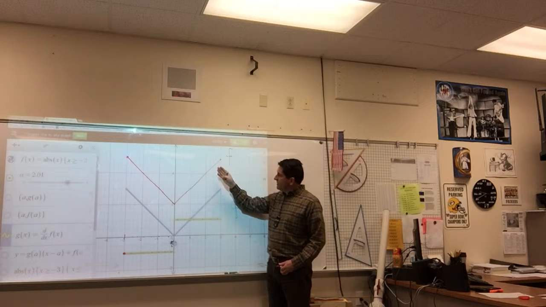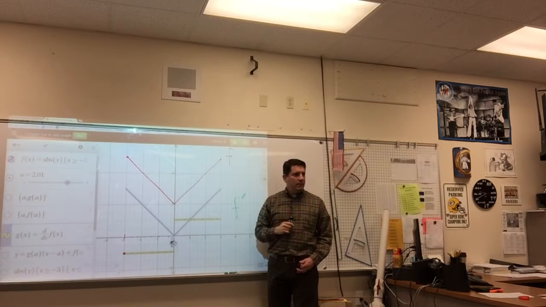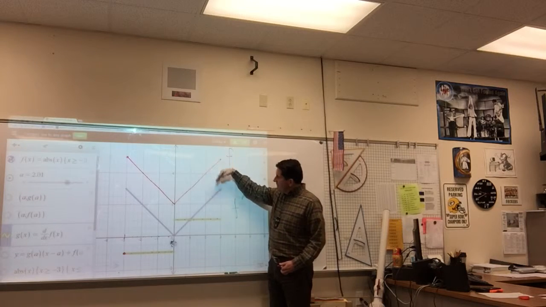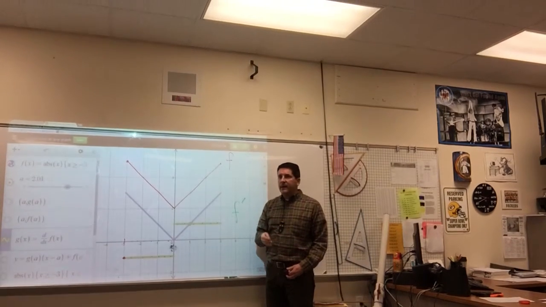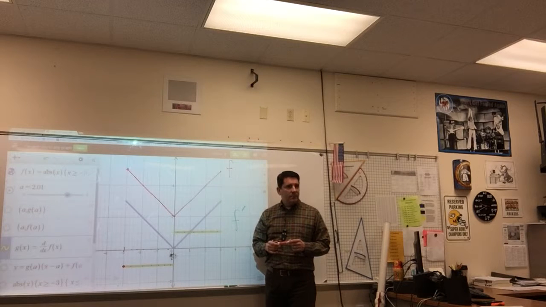If this function and this function, do they both have the same derivative? Yes. Functions can differ by a constant being added on, and their derivatives will be exactly the same.